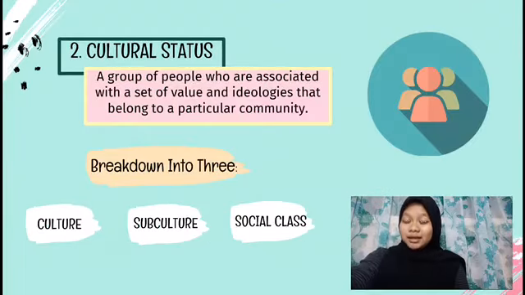Secondly, the cultural influences. Cultural influences are a group of people who are associated with a set of values and ideology that belong to a particular community. The cultural influences are broken down into 3 factors, which are culture, subculture, and social class. Culture.